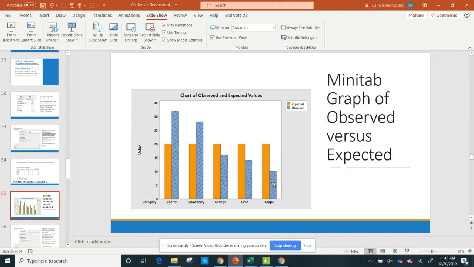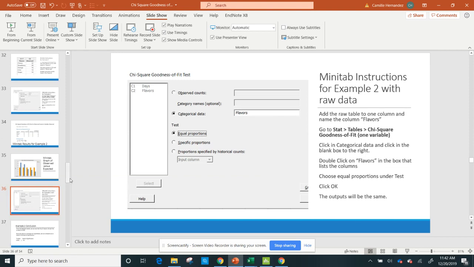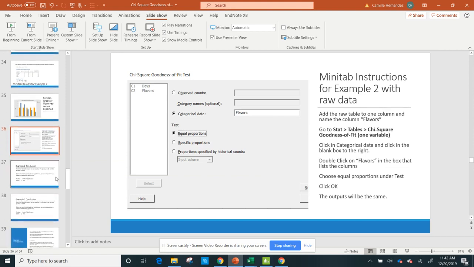So I don't know if these happen the same. The next couple of slides talk about what happens if you have raw data. If you have raw data, go back to example 1 in this PowerPoint and especially in the video, and I show you how to solve for that.